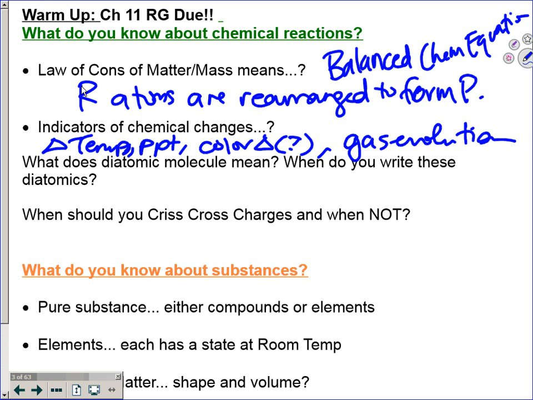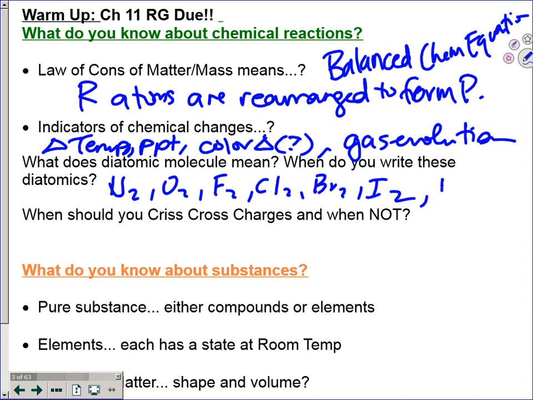And then so NOF, NOF, ClBrI. So we have diatomic nitrogen, oxygen, fluorine, bromine, and iodine. And thank you. So it's the big 7 and hydrogen. You remember this? Okay.